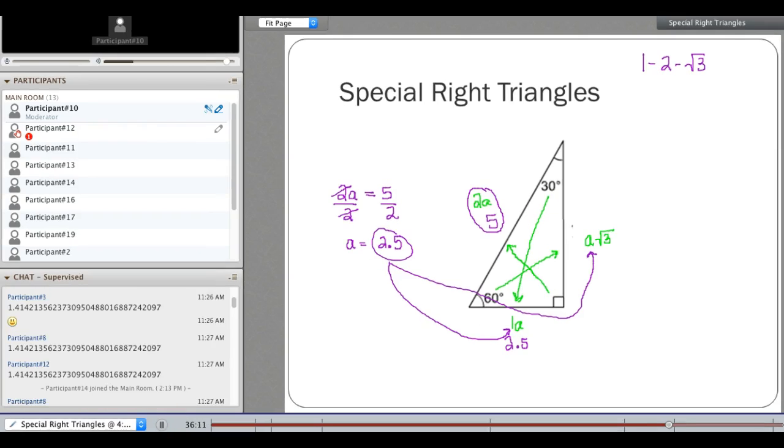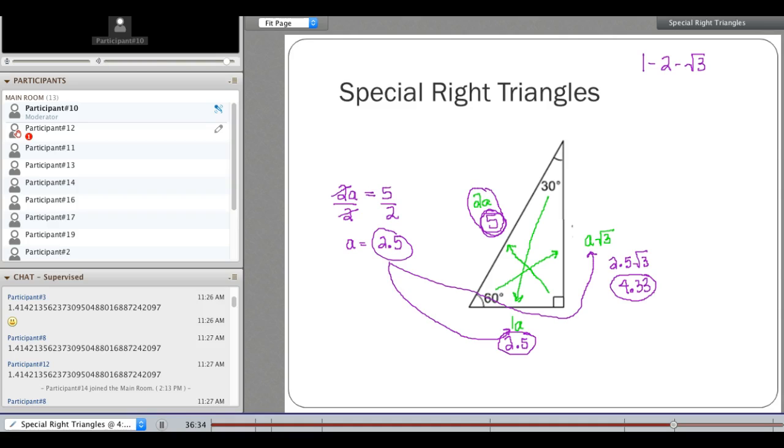I'm taking 2.5 and plugging it in. So I get 2.5 times the square root of 3. In that case, we probably would change it to just a decimal. We'd put that in our calculator and multiply. So 4.33. So we have 4.33, 2.5, and 5, which we knew to begin with. Those would be our 3 side lengths.